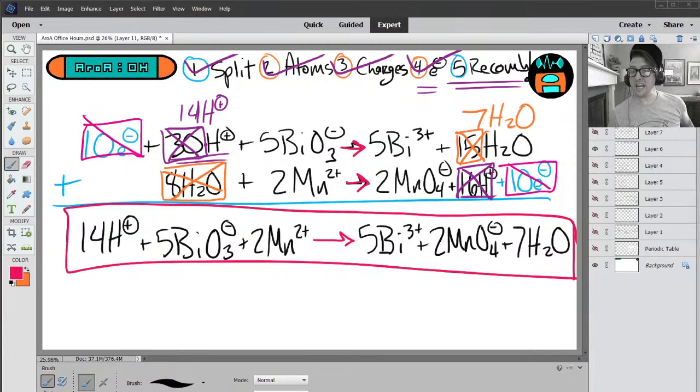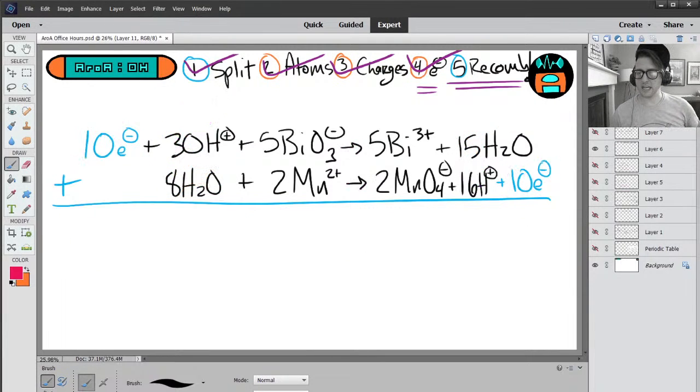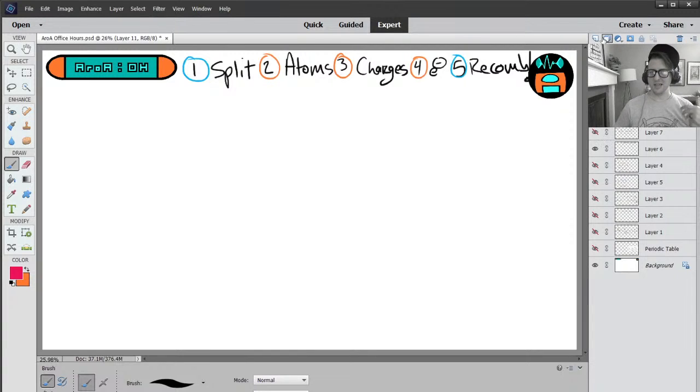Okay. And I'm glad we did the acidic one first because it's good to get the reps in. The basic one has only a slight difference, and you'll notice it's all the same kind of steps, the same flow.